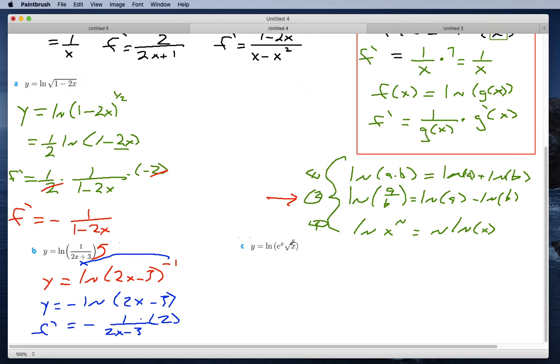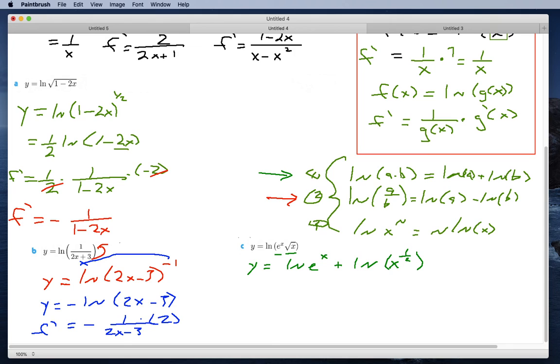Now our last one here, what we have is a times b, so we're going to use rule number 1 in this case. So the first thing I'm going to do is split this apart, like so, plus ln of square root x, but I'm going to write this as x to the 1/2 because we're going to need that anyways here.